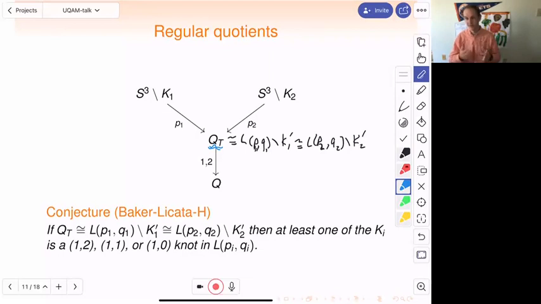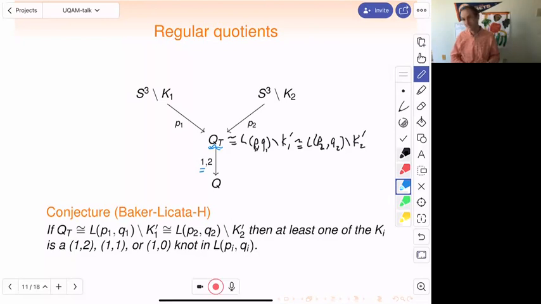And more than that, there are examples where the degree of this cover is 1, right? So these are asymmetric knots in lens spaces that have multiple cyclic fillings. So what I'm saying is that these two conjectures, the Berge conjecture and this conjecture of myself with Joan Licata and Ken Baker, are different. They have a different flavor.